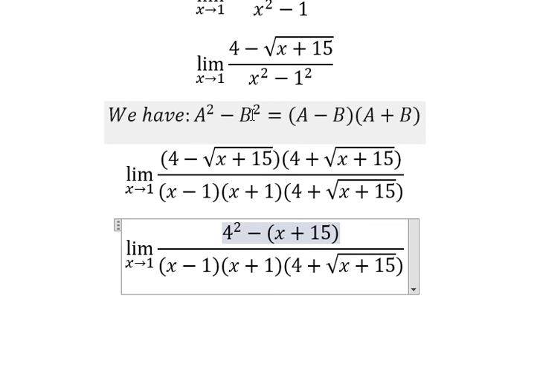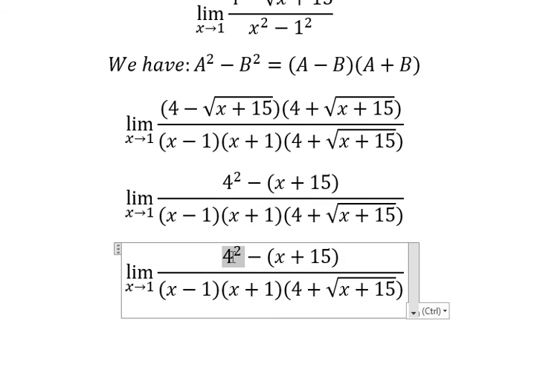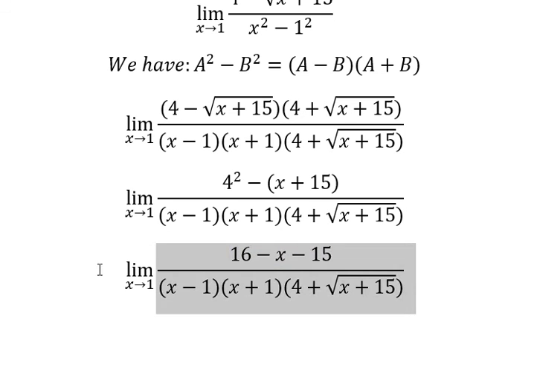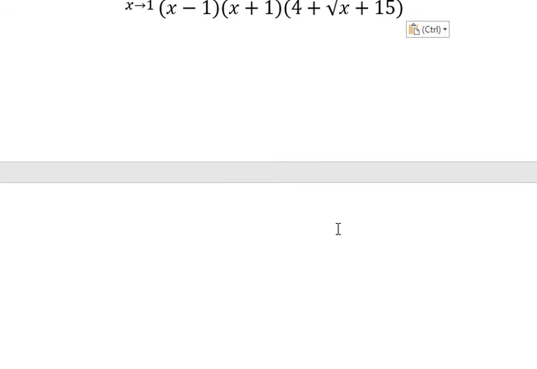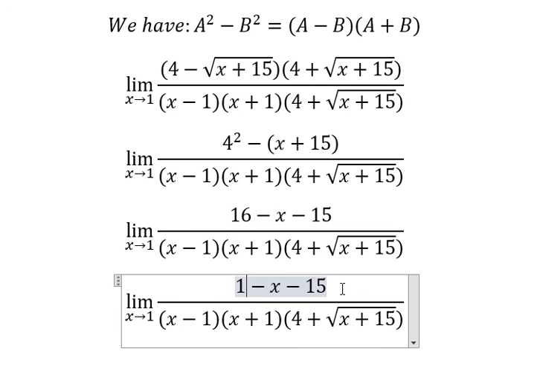Because we have the power 2, that's why we don't have the square root. So this one you got 16. We open parentheses, you got negative s, negative 15. So 16 minus 15, you got number 1.